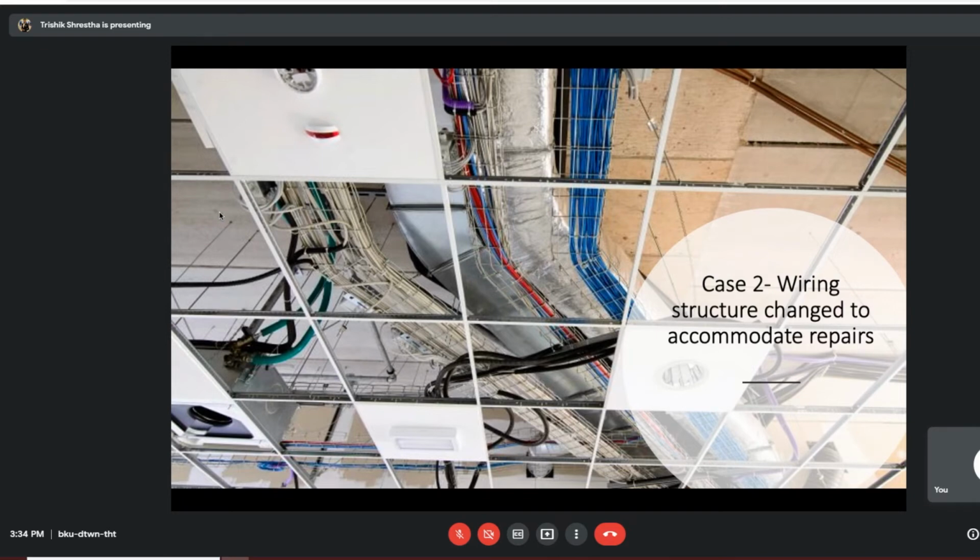So what we did out of frustration, this was more of solving a problem out of frustration, was that we completely reinforced every false ceiling that we installed in that particular building, so that the repairs could be done in such a manner that the person doing the repairs could completely fit into the false ceiling and get it done in a matter of, well, how long?